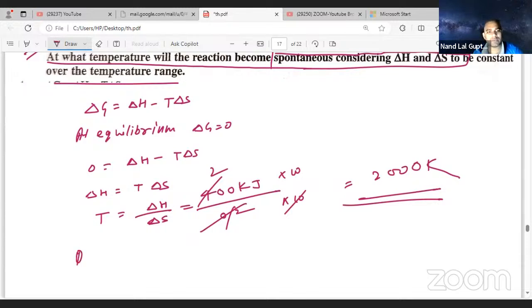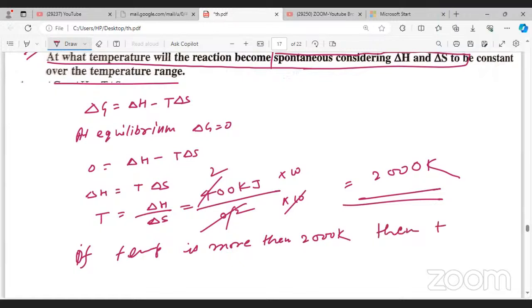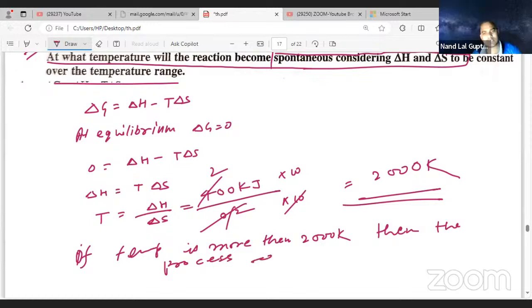So if temperature increases, more than 2000 Kelvin, then the process is spontaneous.